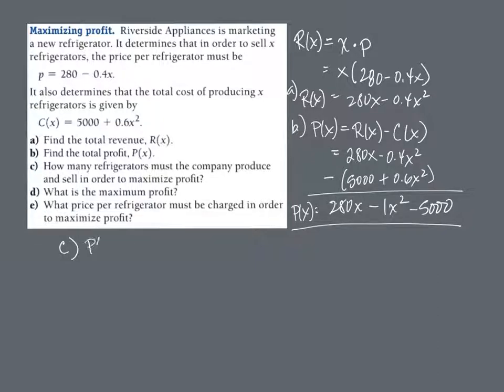If I find the derivative, that's 280 minus 2x, and I set that equal to 0. I find that x would have to be 140, and I'm going to do a quick second derivative test, which is negative 2. That tells me concave down, which means the only place where the derivative equals 0 would yield a maximum.